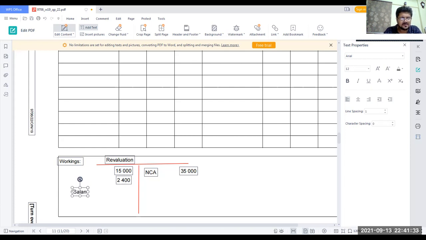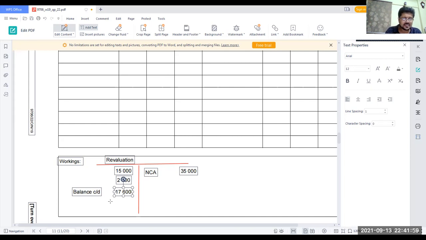Balance c/d is how much? 17,600. This 17,600 is going to be divided among the partners in the ratio of 2:3, Miguel 2 and Bernard 3.